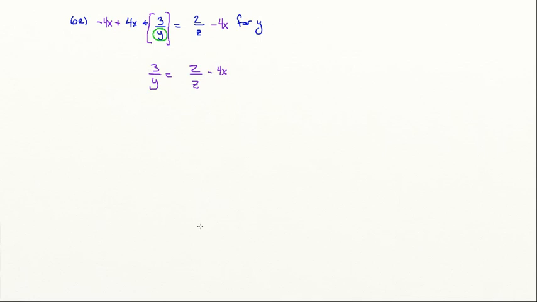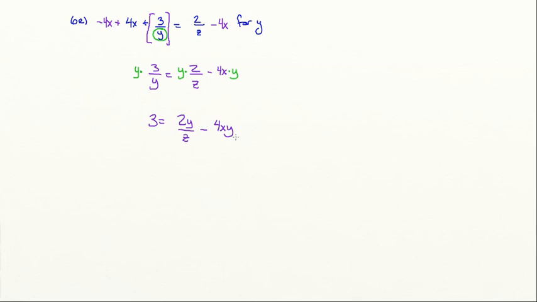Well, I need to multiply everything by y. I have to get the y in the numerator to solve for it. Let's multiply everything by y. There's an equal sign, so what I do to one side, I do to the other. So y divided by y is 1, so I get 3 equals 2y over z minus 4xy.